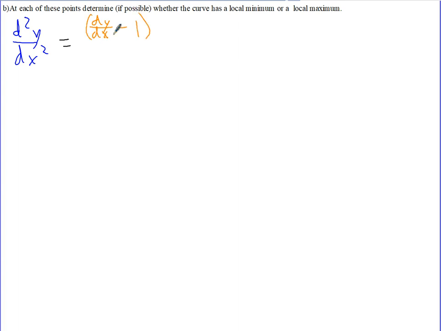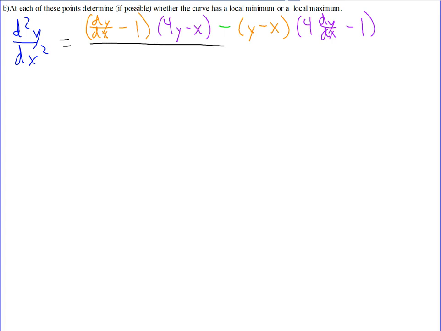Put that times the derivative of the numerator times the denominator as it is, 4y, minus the numerator as it is, y minus x, times the derivative of 4y, which is 4, and that's a y term, so we need dy/dx. Minus the derivative of x, which is 2. All divided by the denominator squared.